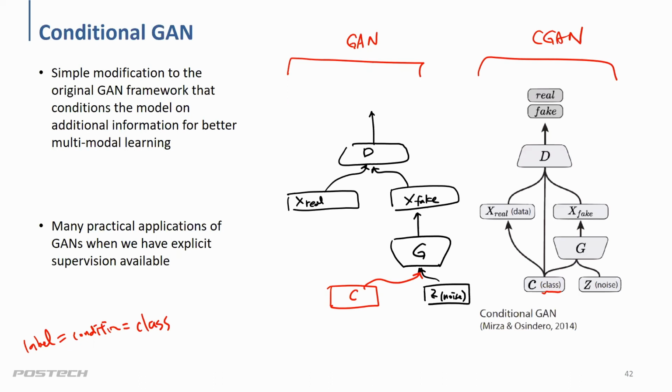And we should tell the discriminator, hey, the image you are looking at is, say, 0, so the scope is narrowed down.